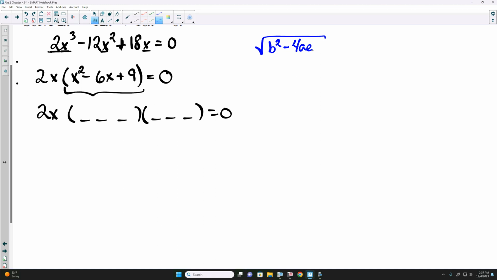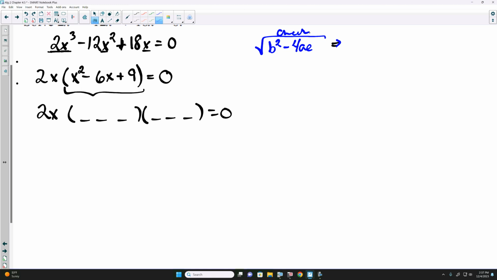This here is a way to check for factorability. If we plug the values of a, b, and c into this and get a whole number, a positive non-decimal number, then it tells us that the original is factorable. So we're just using this to check to see if we can factor.